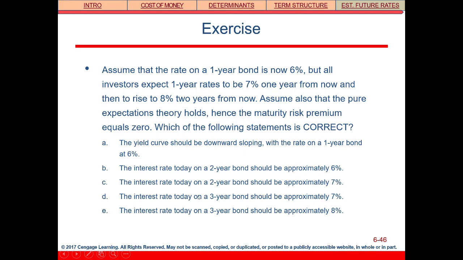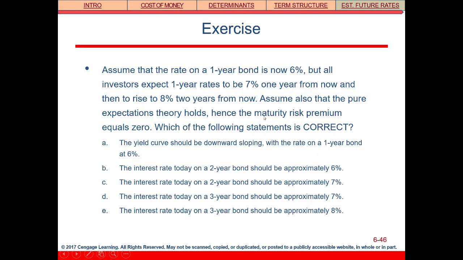D says the 3-year bond should be 7% or 8%. Okay, so we can actually look at A, B, C, D, E together. For a 2-year bond, if the pure expectations theory holds, let's say the 2-year rate is x, then (1 plus x) squared will be equal to (1 plus 6%) times (1 plus 7%), right?